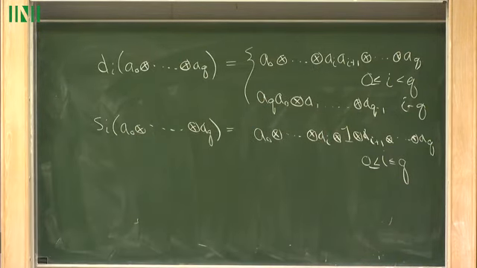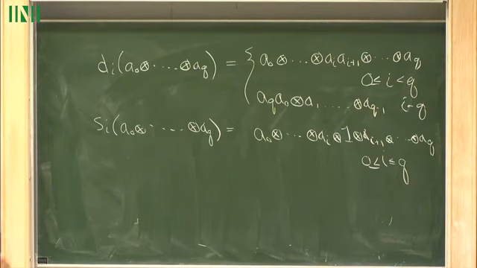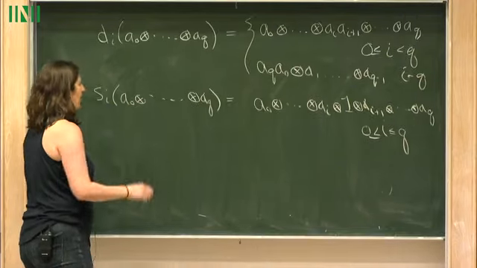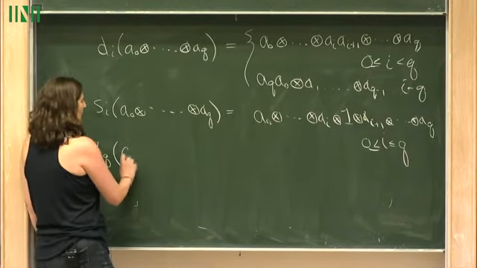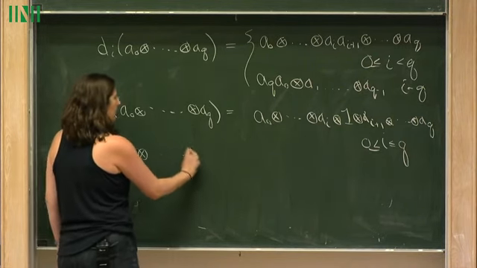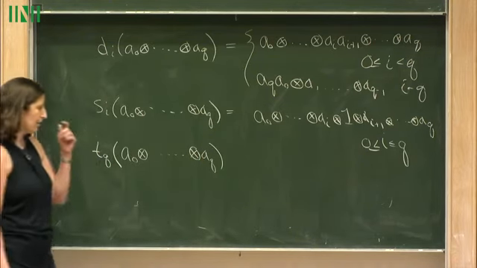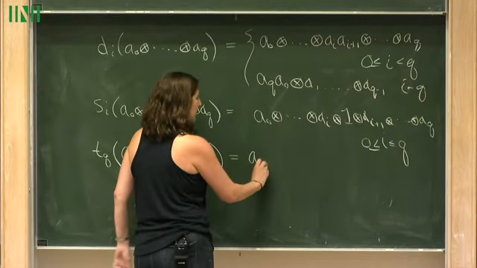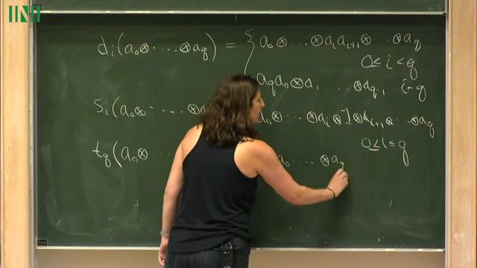Okay, so we have these face and degeneracy maps that make this into a simplicial abelian group. We actually have an additional operator that I want to mention as well, which is that we have a map which I'll call t_q on the qth simplicial level, which is a cyclic operator. What this thing does is it's just going to permute my coordinates by bringing the last coordinate around to the front. So t applied to this gives me a_q tensor a_0 through a_{q-1}.